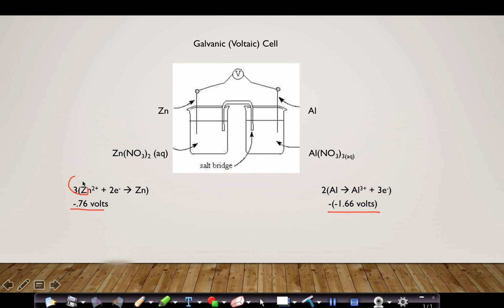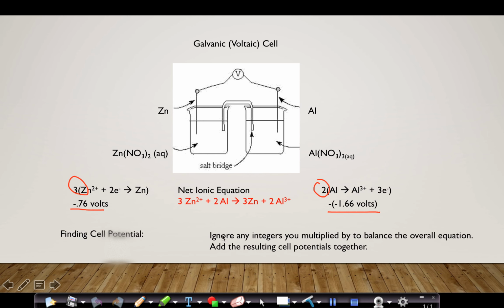But notice I never use these coefficients when dealing with the voltage for the overall E cell. So even though the net ionic equation had this half reaction multiplied by 3 and this half reaction multiplied by 2, we are going to ignore any integers that you multiply by, even though we had to multiply them to get the equation balanced. We just add the resulting cell potentials together.